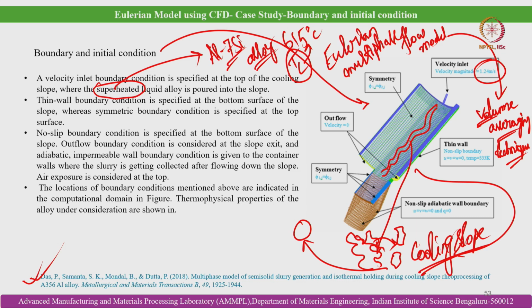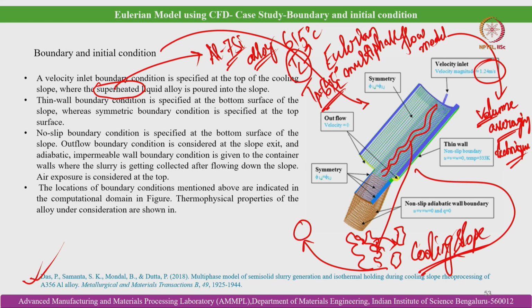It must be poured in a significant superheated condition so that it undergoes partial solidification while flowing along the slope, for which I have already explained the mechanism. A typical pouring temperature you can consider is 645 degrees centigrade. So we have evidence that there is an approximate 60 degree temperature drop when the superheated melt flows down the slope.